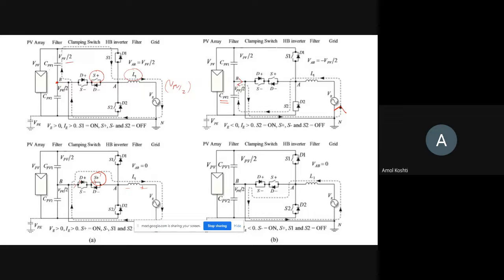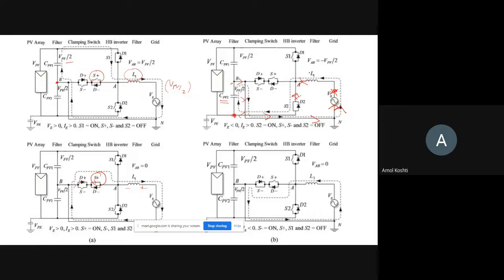So current will flow in this way, through S2 and through the grid. Sorry, in this way, not this. It will flow in the reverse way, and through this inductor it will be closed here. Negative half is produced.